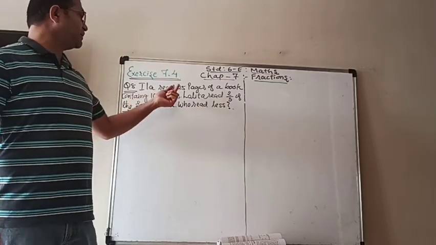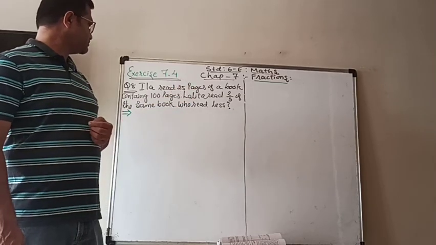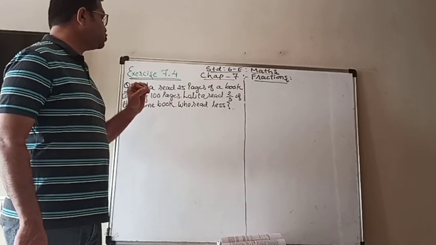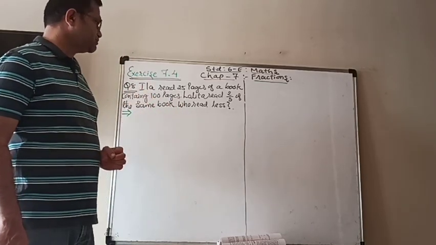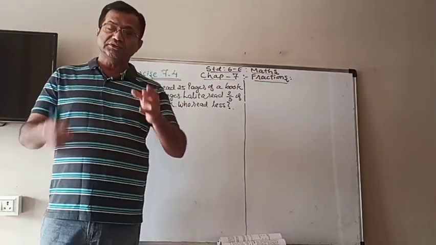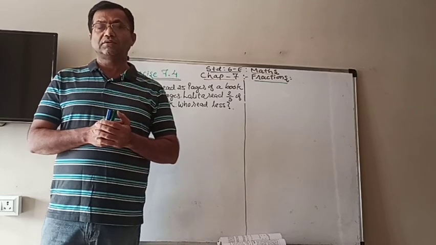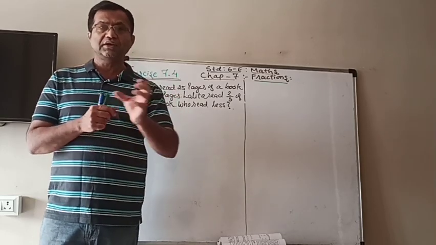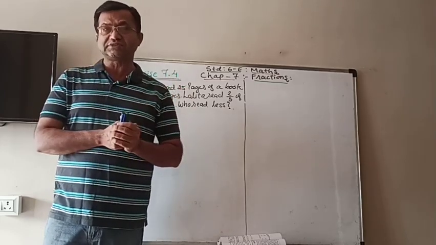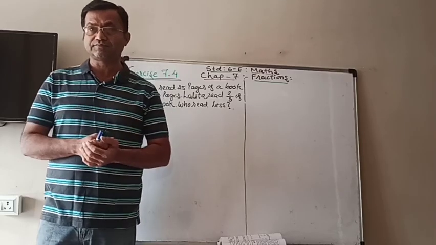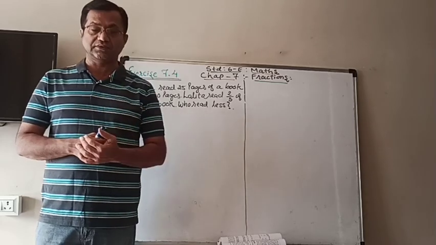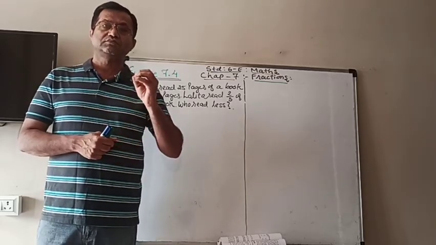It says that Ila read 25 pages of a book containing 100 pages and Lalita read 2/5 of the same book. Who read less? So here the question is given differently. For Ila, they gave the number of pages that she read out of 100, while for Lalita, they gave the fraction of the book she read.